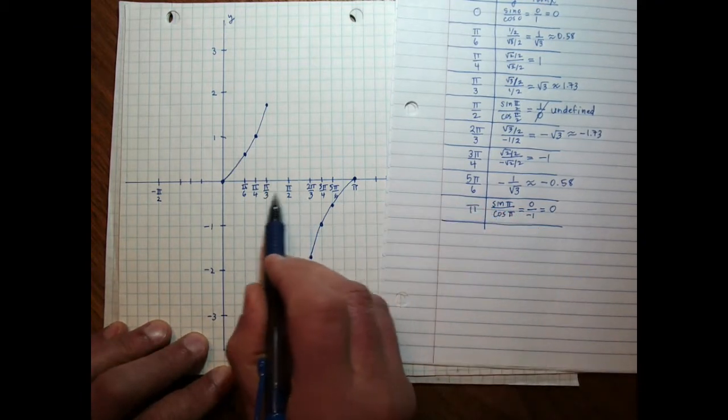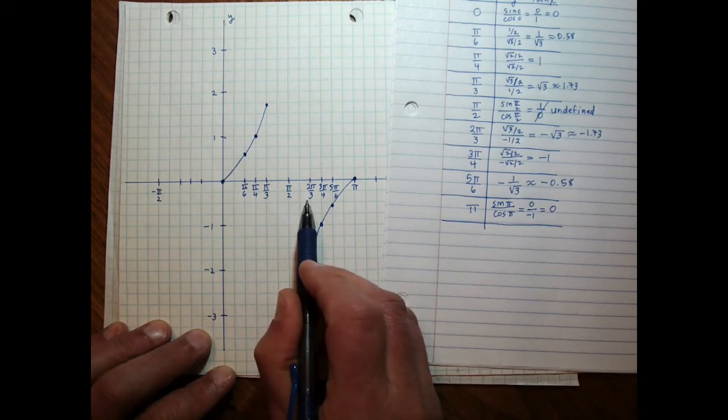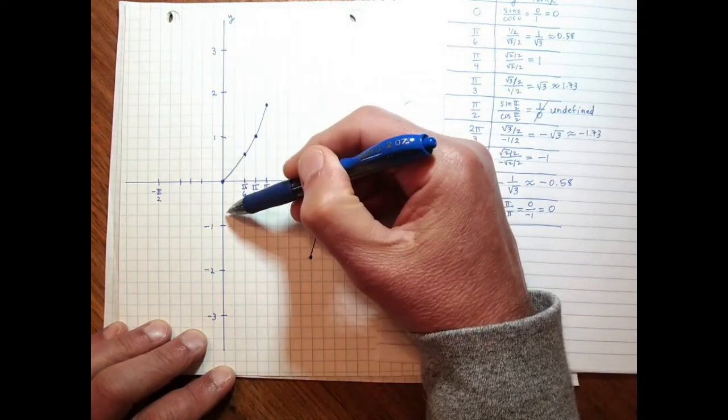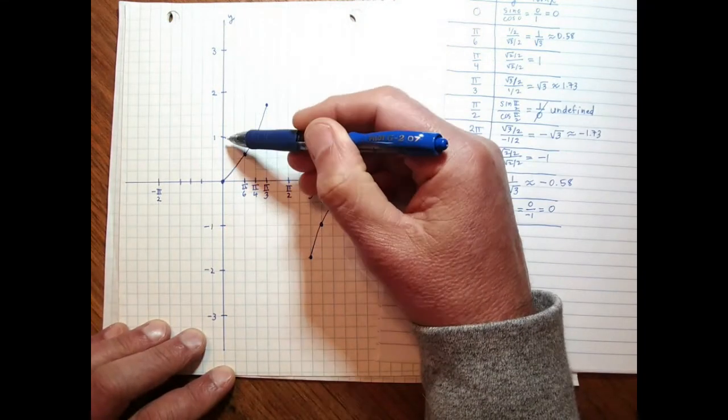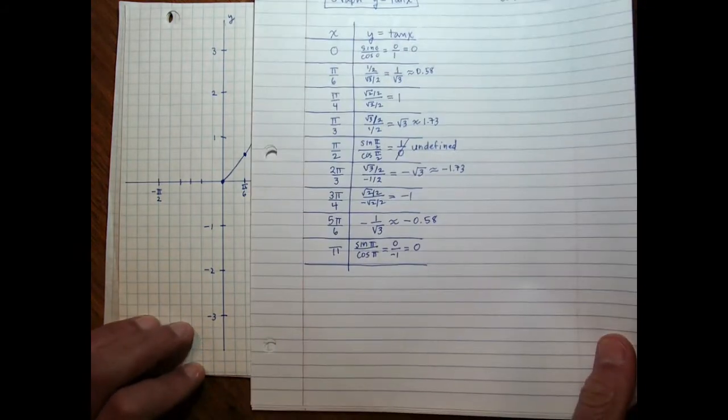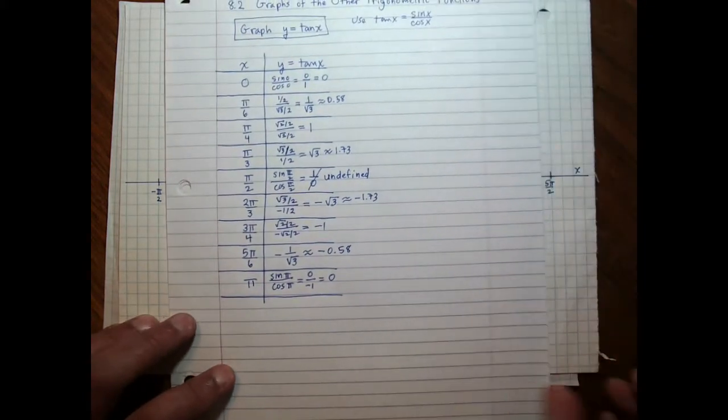We've got to figure out what's going on between pi over 3 and 2 pi over 3. Already we can see where we've burst out of that interval from negative 1 to 1. So there is something very different about tangent, very different from sine and cosine.